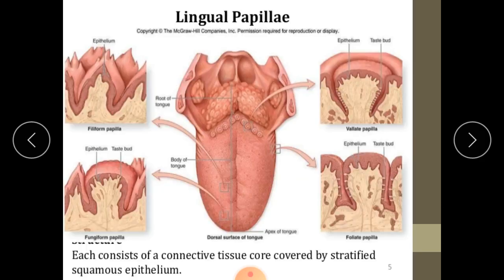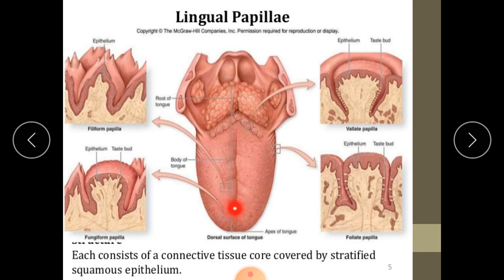Look here, this is the tongue. Can you see here? This is tongue. This entire tongue has two parts. Anterior 2/3 part of the tongue is known as the oral part, or body of the tongue.